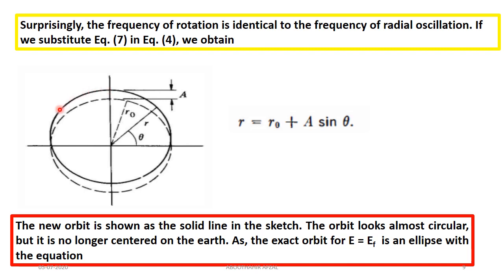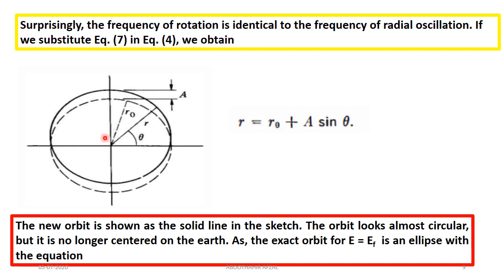You can see the solid circle is the sketch of the new orbit, and the old orbit is shown in a dotted circle. Both the orbits look similar, or circular, but the new orbit is not centered on the earth, whereas the old orbit is centered on the earth.